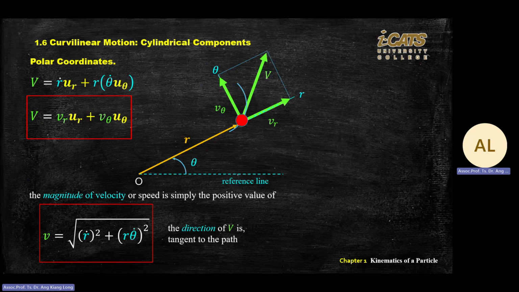This means you will be given an angle equation; you differentiate it with time and multiply by R. These are the two sets of equations in the cylindrical component. You just need to memorize this one and this one.